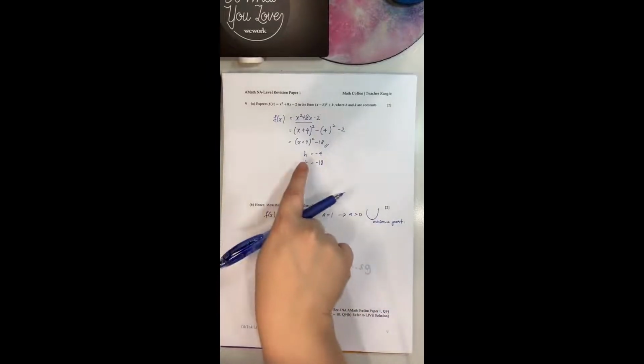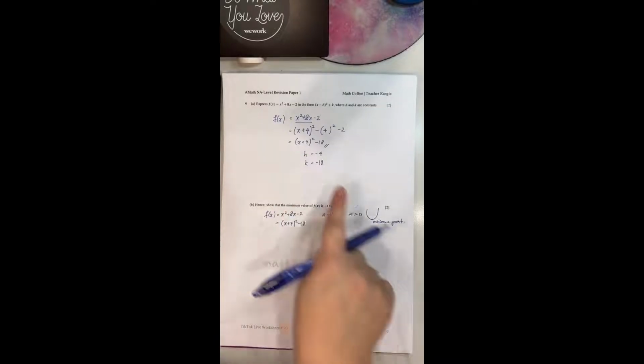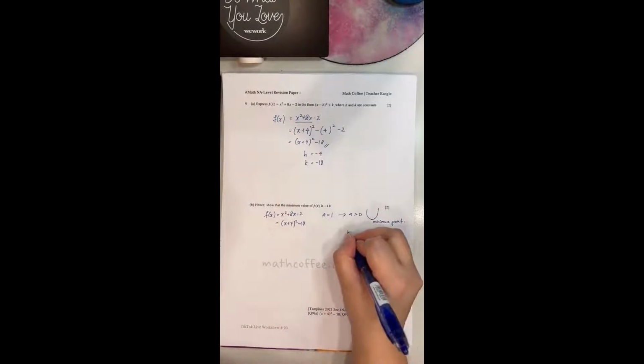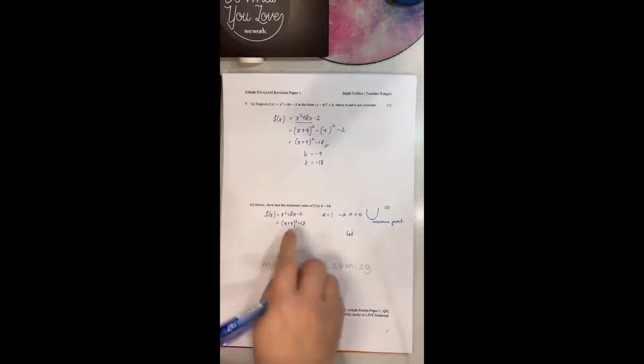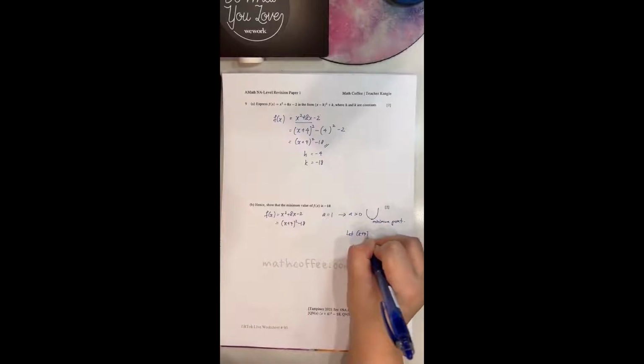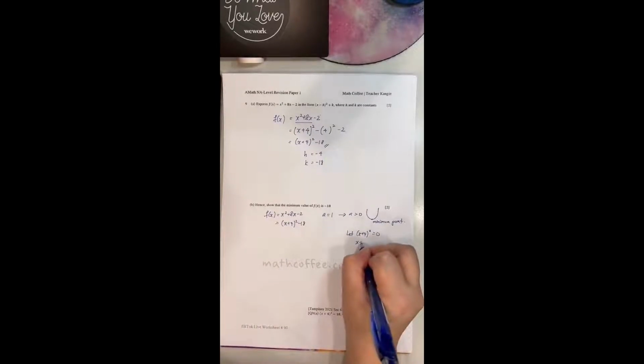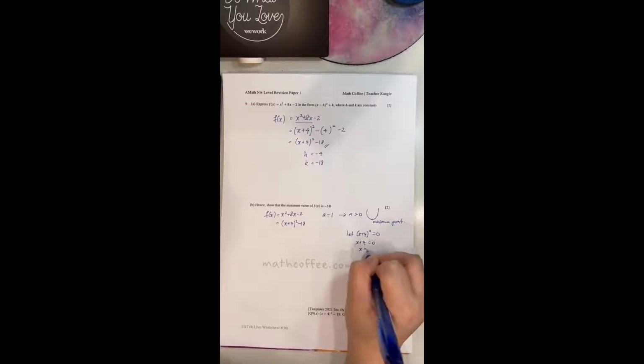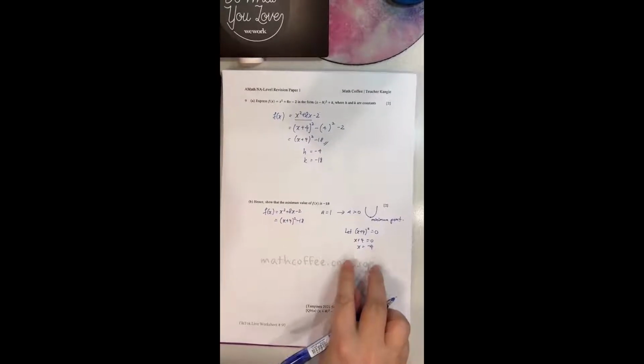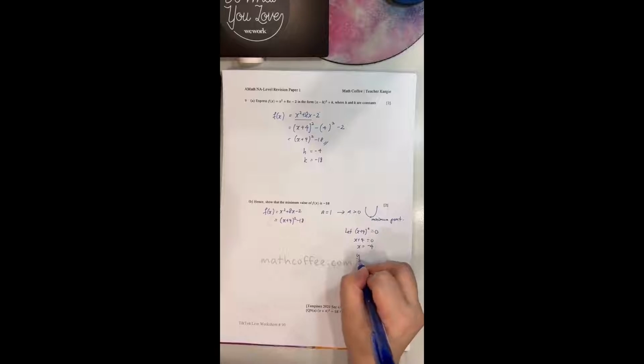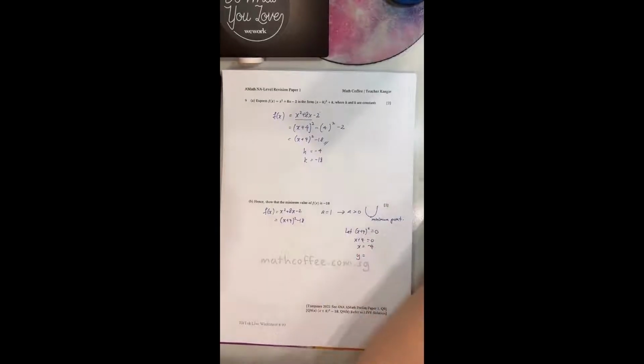Okay, when you put it into the completing square form, how to find the minimum point? You just let this part, (x plus 4) squared, equal to 0. So you have x plus 4 equals to 0, x equals to negative 4. And when x equals to negative 4, the y is equal to, or in this case is f(x).